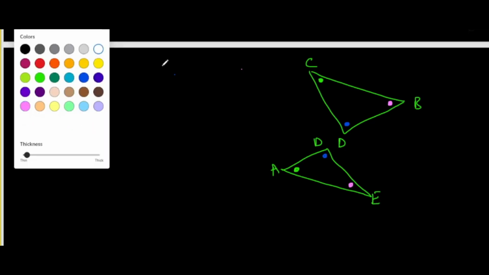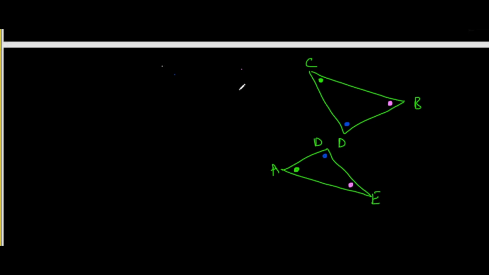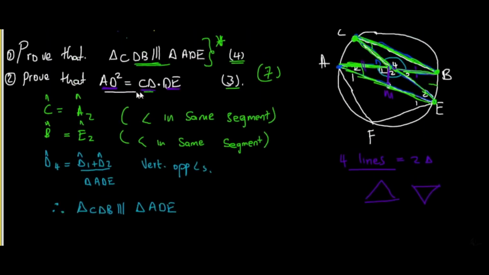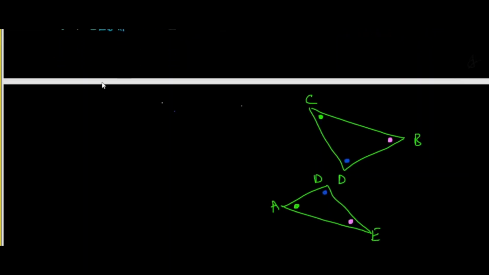So now we can do the proportionality. Guys, when you do the proportionality, I need you to refer to the question that we are proving. We are proving that AD squared is equal to CD times DE. So let's work on that. First things first, we start with what? We can start with CD. Let's create CD.